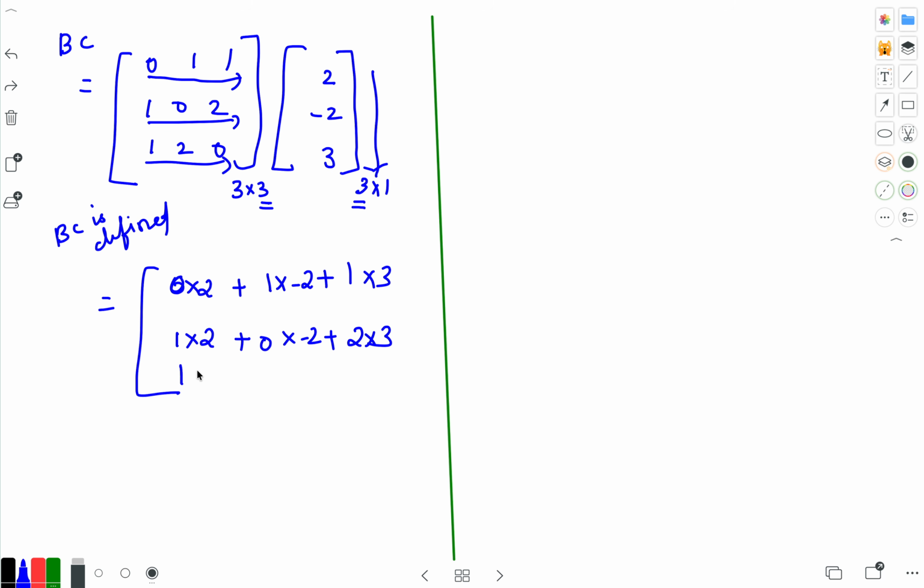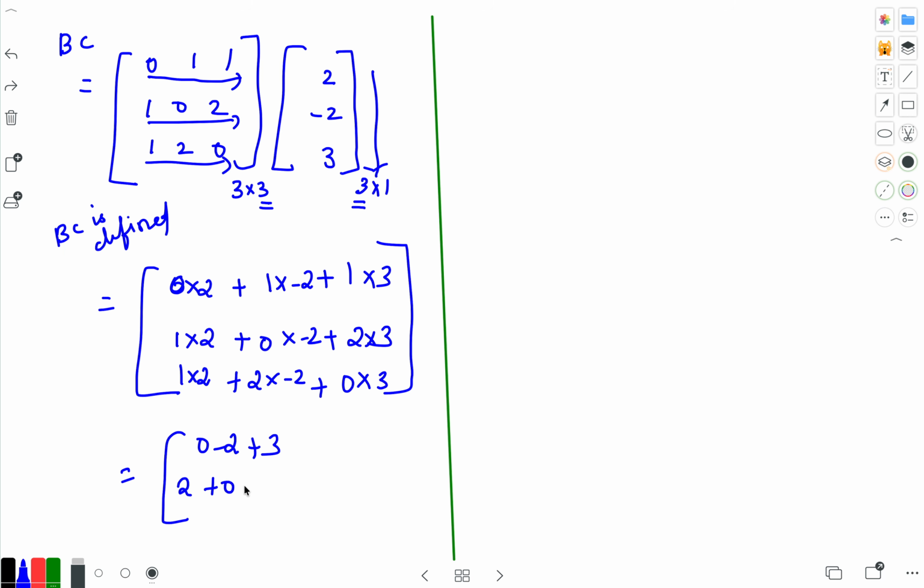Next 1 times 2 plus 2 times minus 2 plus 0 times 3. That is 0 minus 2 plus 3, 2 plus 0 plus 6, 2 minus 4 plus 0. That is 3 minus 2 is 1, 6 plus 2 is 8, 2 minus 4 is minus 2.